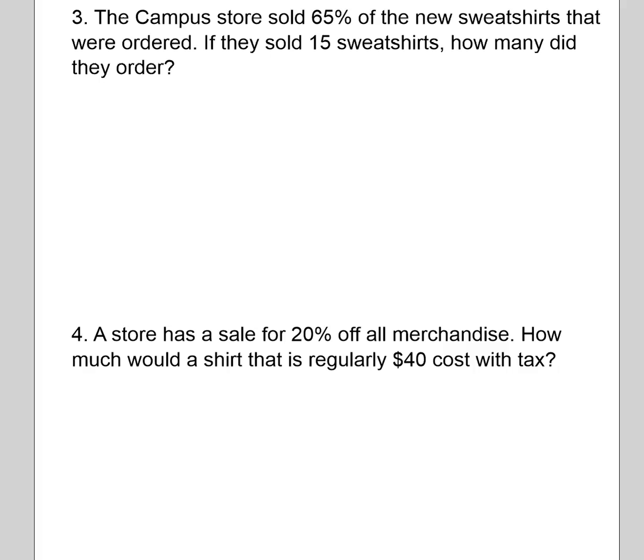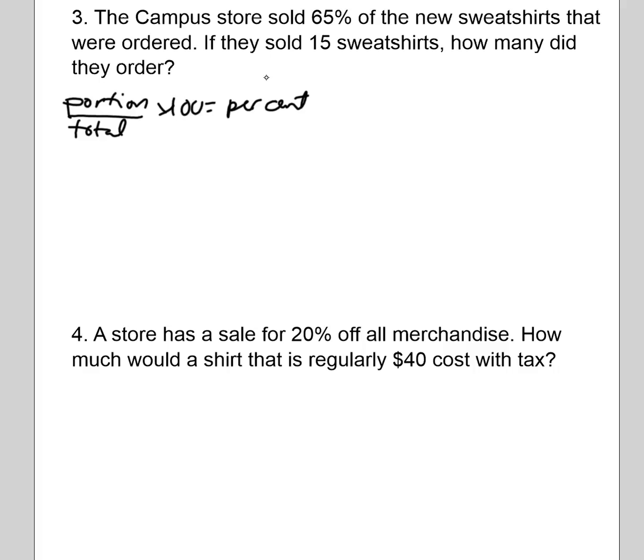So again, you're trying to think about this whole formula of portion over total times 100 equals percent. So if we were to look at this then, 65% is 65 out of 100.